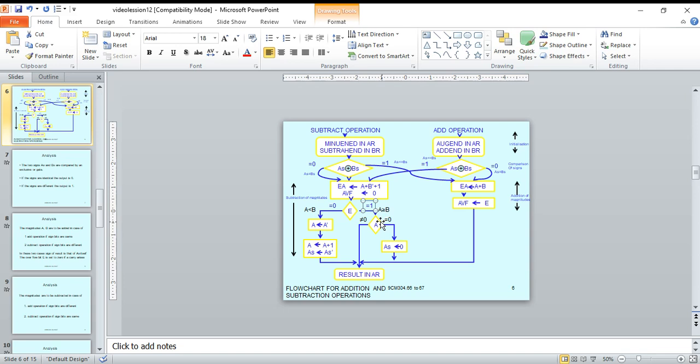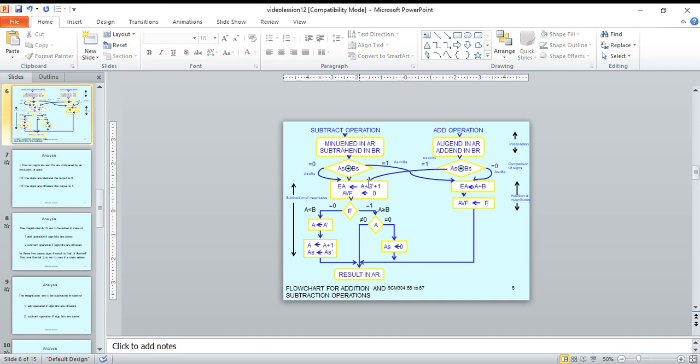If the result is 0, then the result is positive and AR is 0. If the result is not equal to 0, keep the result as it is.